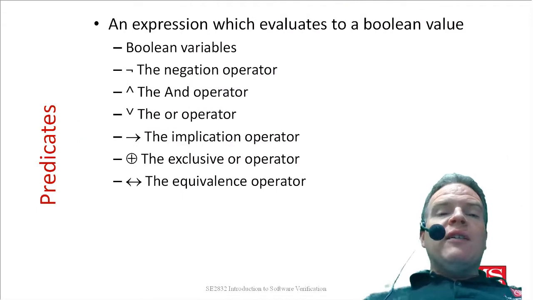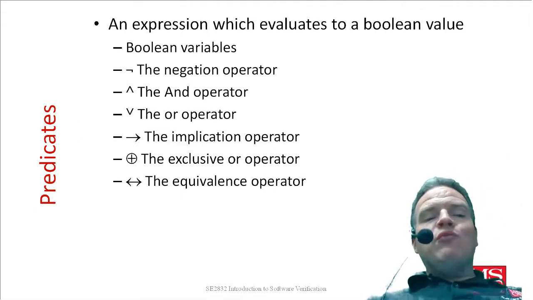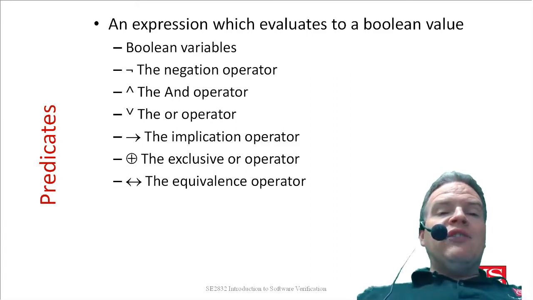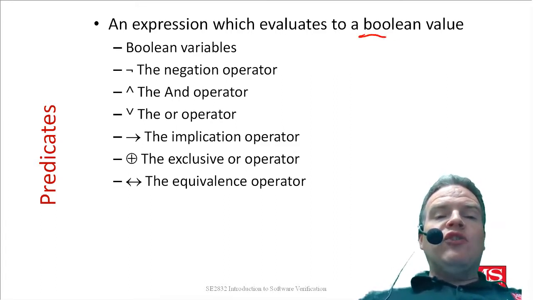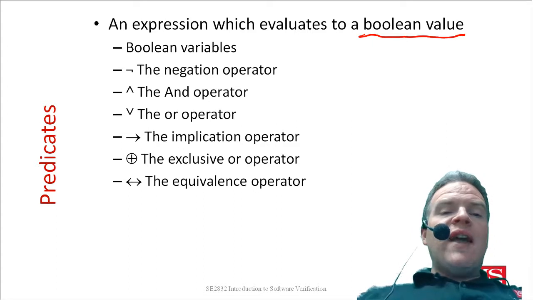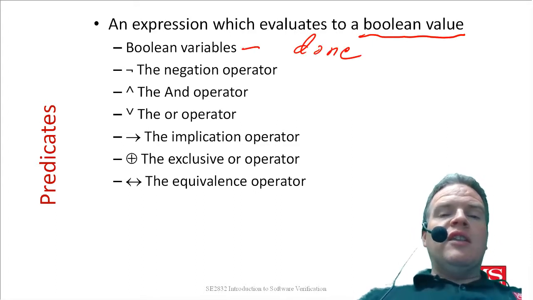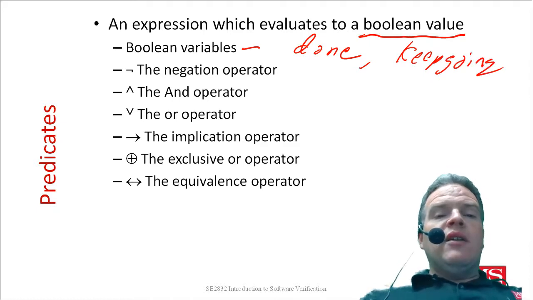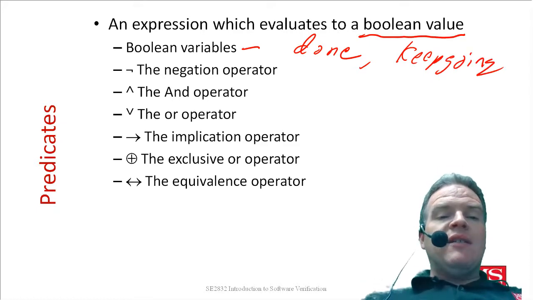So what is a predicate? You've been dealing with predicates really since your first year of programming. A predicate is essentially an expression which evaluates to a Boolean variable. So if I have a Boolean variable, for example, done, or if I have a Boolean variable, keep going, that's a predicate.